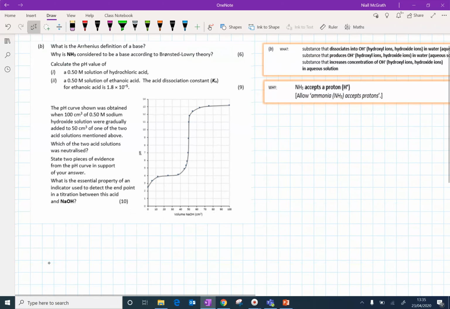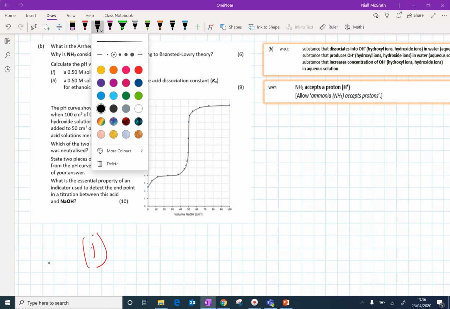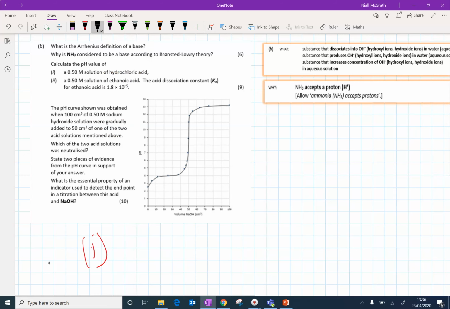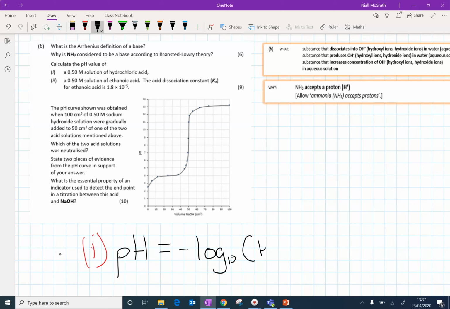For this part: calculate the pH value of a 0.5 molar solution of hydrochloric acid. Now we know that hydrochloric acid is a strong acid, so we're able to use the most simple formula that we have for pH, which is pH is equal to minus log base 10 of [H+].